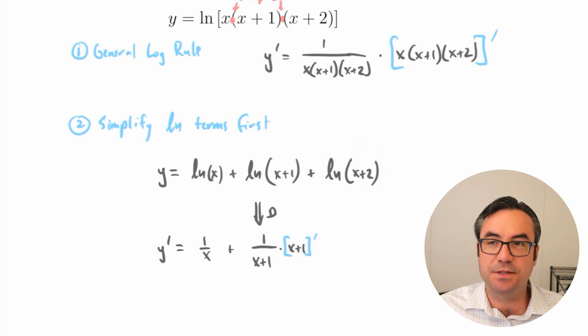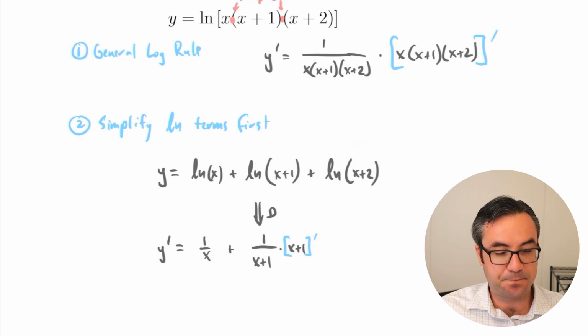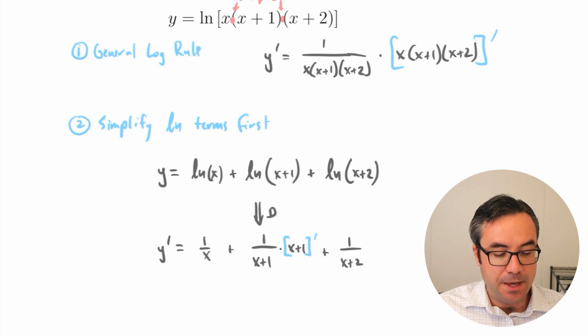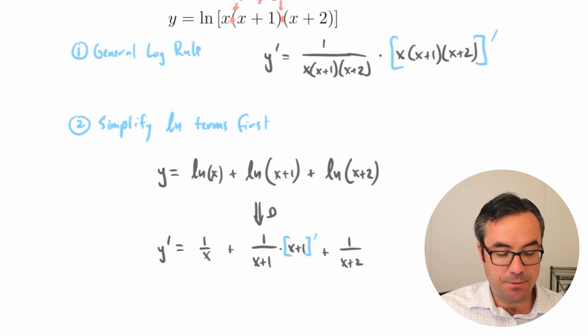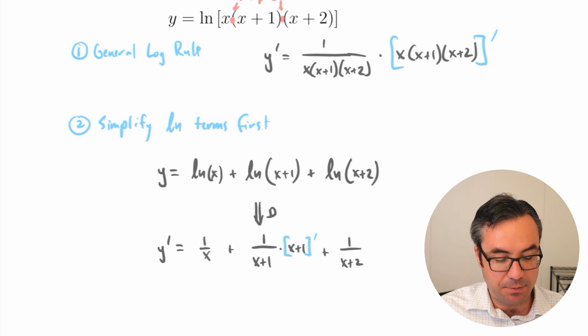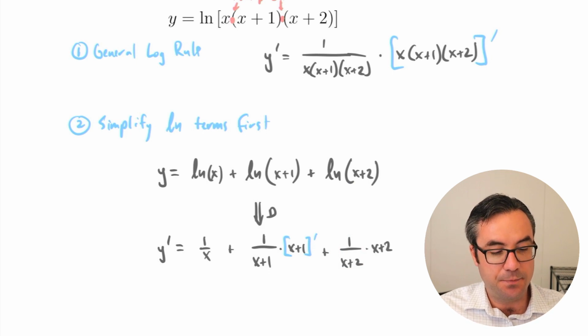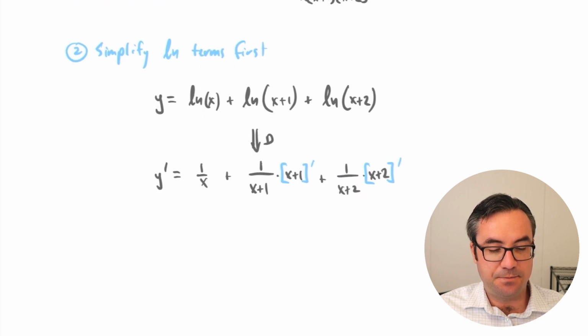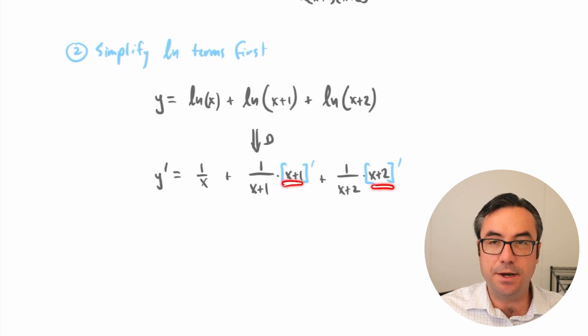We have to differentiate this last one. So we end up with 1 over x plus 2. So again, general log rule, what does it do? You take what's inside the log term, you do its reciprocal, and then you multiply by the derivative of what was inside the log. So in this case, the x plus 2. And these remaining derivatives are both 1.